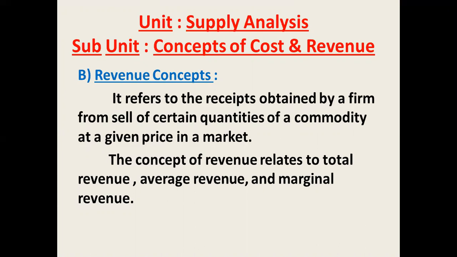Then average cost: AC is equal to TC upon TQ, that is, the total cost divided by total quantity. Then the marginal cost: symbolically, MCn is equal to TCn minus TCn minus 1. So these are the different types of the cost.